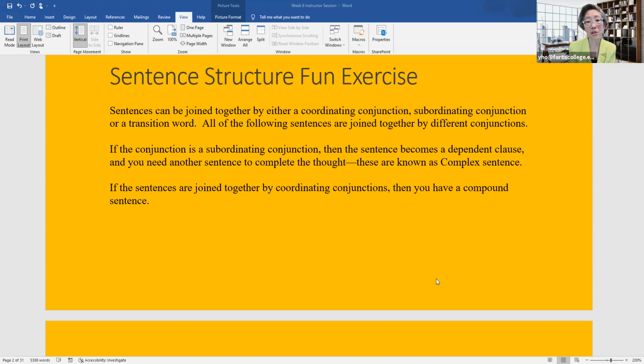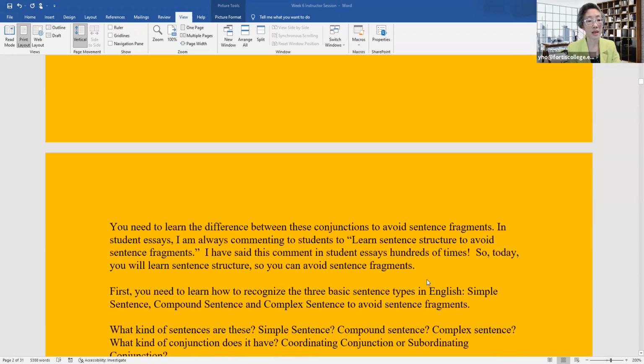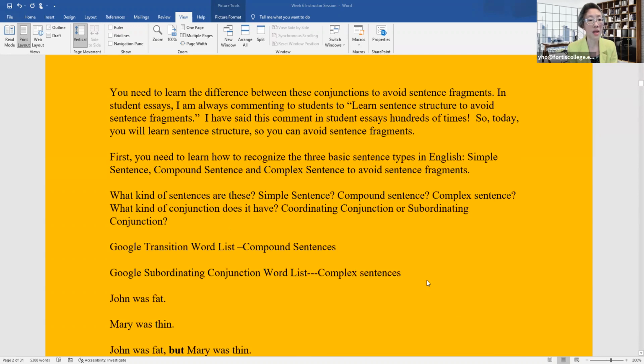If the sentences are joined by fanboy coordinating conjunctions, then those sentences are known as compound sentences, which means two sentences of equal importance. You need to learn the difference between these conjunctions to avoid sentence fragments. In student essays, I am always commenting to students, learn sentence structure to avoid sentence fragments.